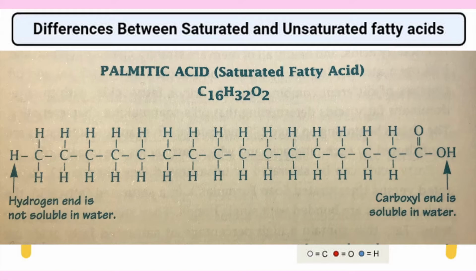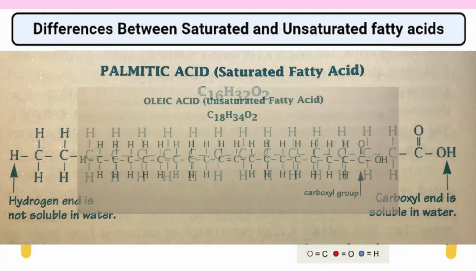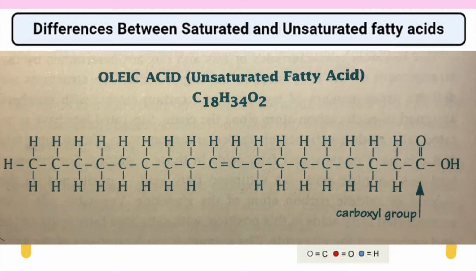There are long chains of carbon, hydrogen, and oxygen atoms. The difference between a saturated and an unsaturated fatty acid is that the hydrocarbon chain of unsaturated fatty acids has some hydrogen atoms missing, resulting in the creation of double bonds.